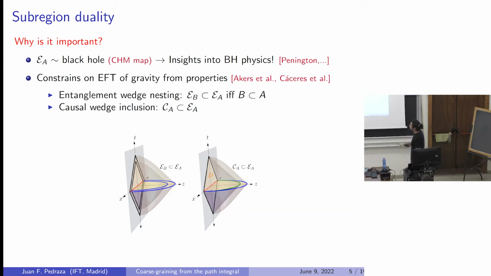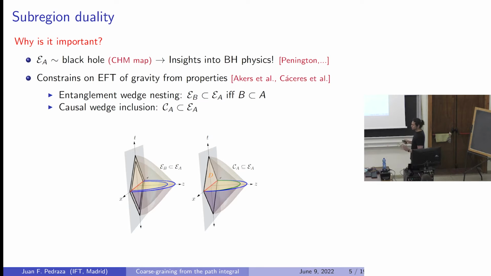The second is because studying properties of this subregion duality can, in principle, help us put constraints on effective field theories that arise in the bulk.